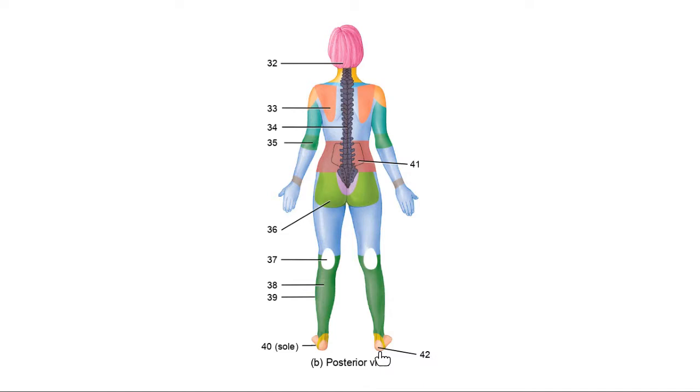Calcaneal. Yes, number 42 is the calcaneal. And what about our sole? What do we call the sole? Plantar. We call it plantar. Okay, any question on the body regions?